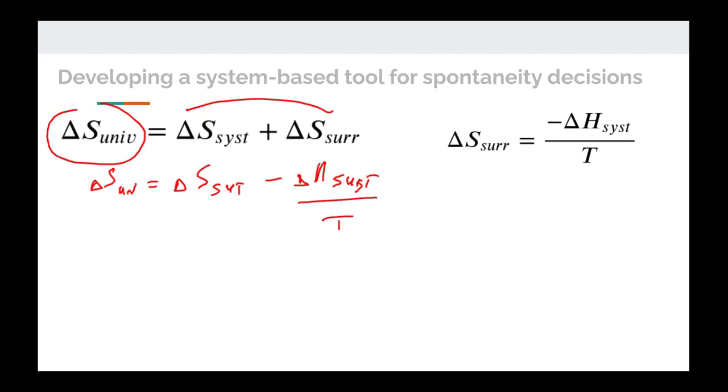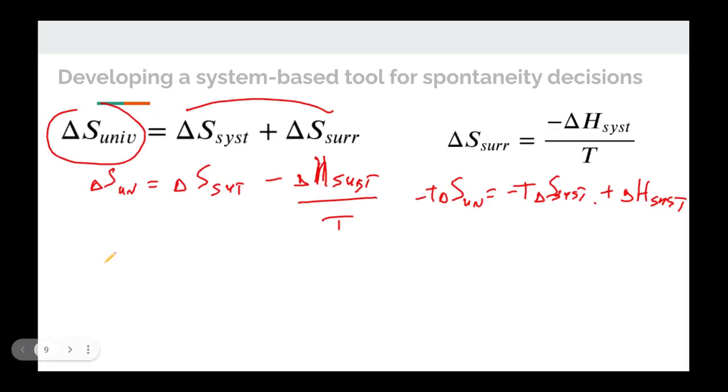The advantage of what we're doing here is that now we're turning this into a system-based tool, because we don't have to worry about the surroundings anymore. We can just look at what's happening with the system. The next thing I'm going to do, which might seem a little bit counterintuitive, is multiply through by negative T. So this equation becomes negative T delta S for the universe is equal to negative T delta S for the system plus delta H for the system.